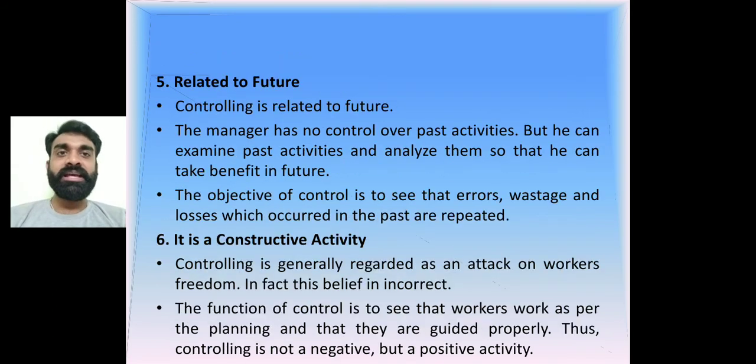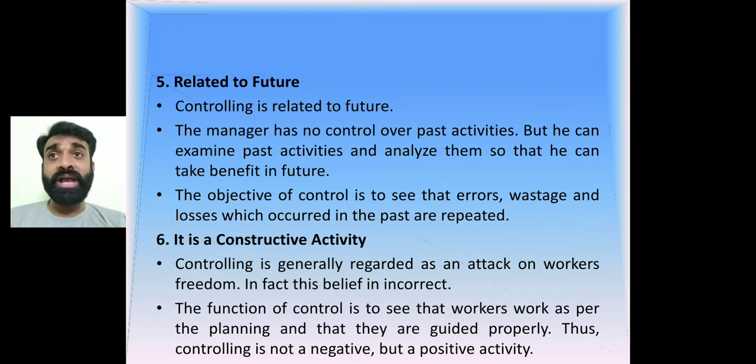Then, related to future: controlling is related to the future. How is it related to the future? Suppose there are mistakes done by the employees or workers, and deviations from the plan are there. Then those things should be removed, and we make sure they do not happen in the future, because whatever happened in the past cannot be changed, right?